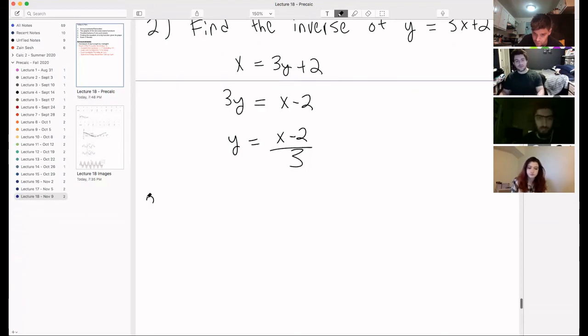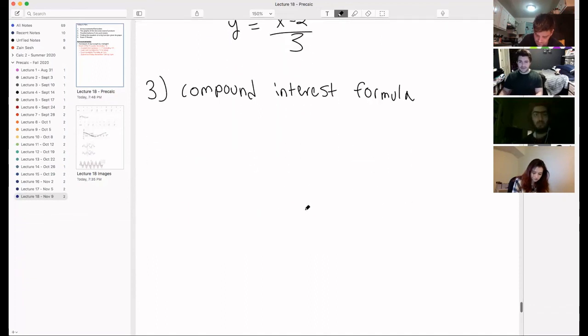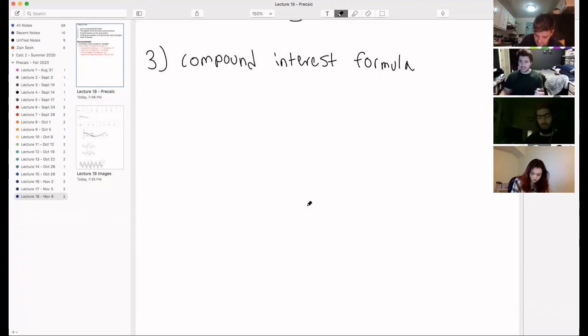Good. So number 3, there's going to be a compound interest formula question. I'm not going to go through an example because it's really just plugging into the formula. But here's the formula, just so you're familiar with it.